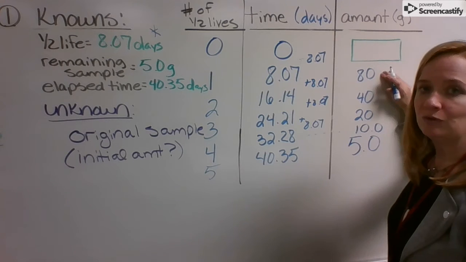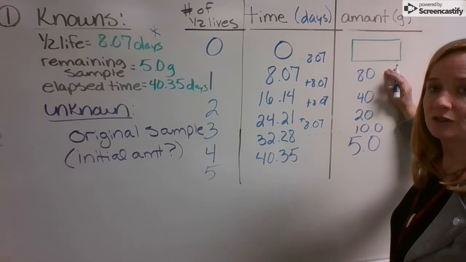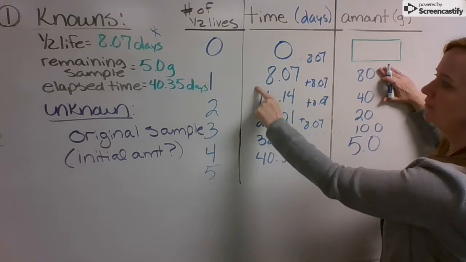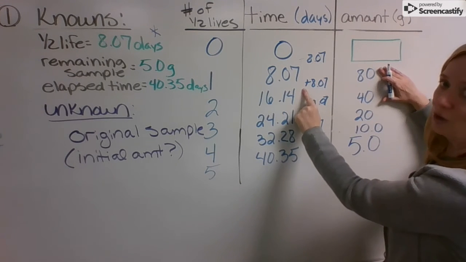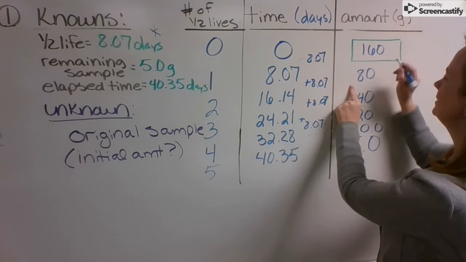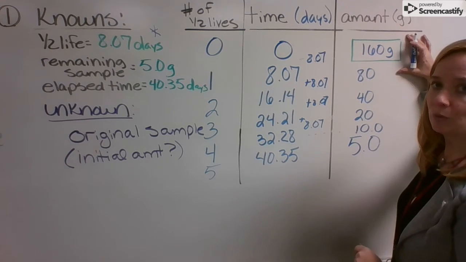Now here is where, if you've not put your 0 for your placeholder, you would end up with an incorrect answer. So I know that I had 80 grams left after my first half-life. So 80 times 2 is going to be 160 grams that I started with.